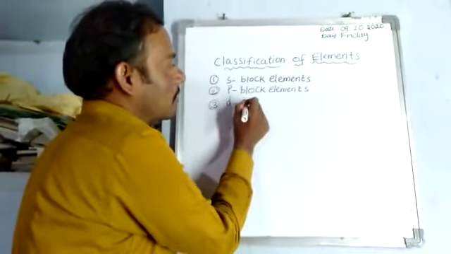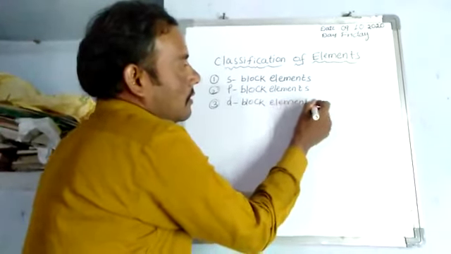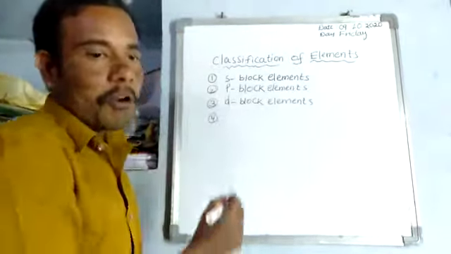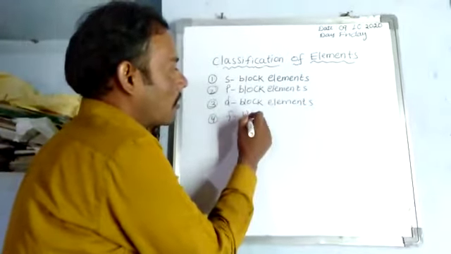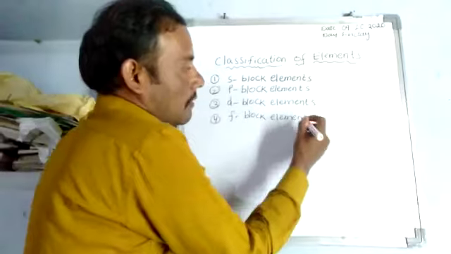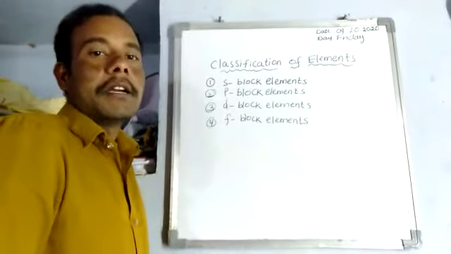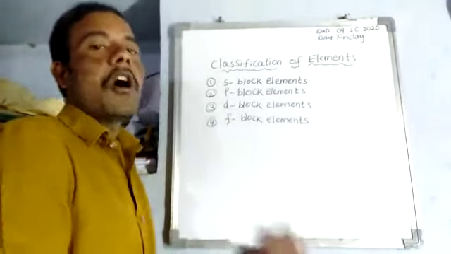The fourth one is F block elements. So elements are classified into four blocks based on the differentiating electron entering into the orbital.